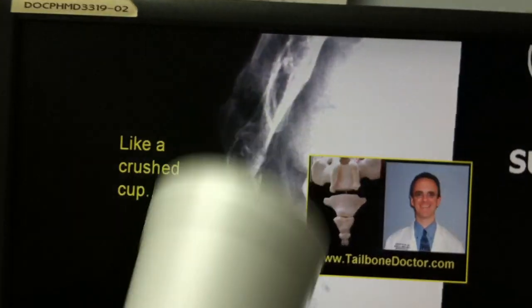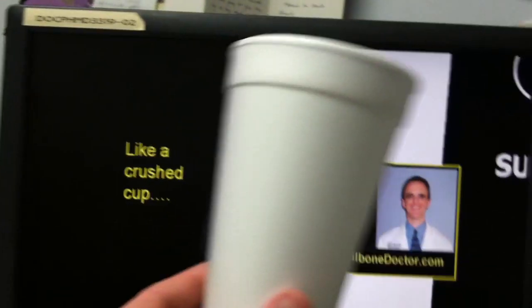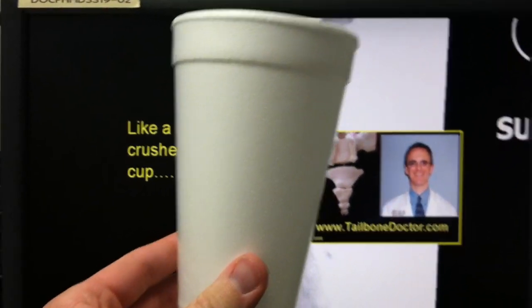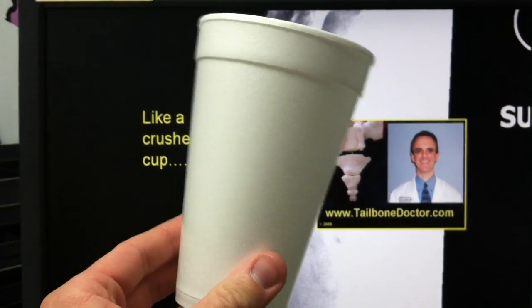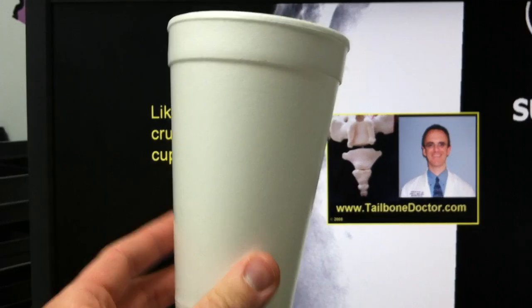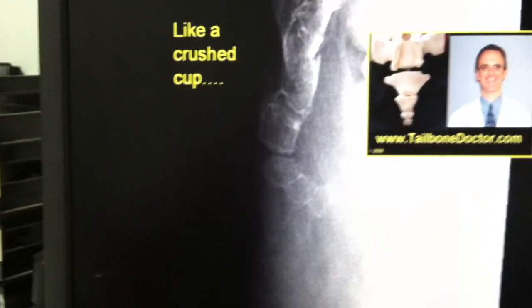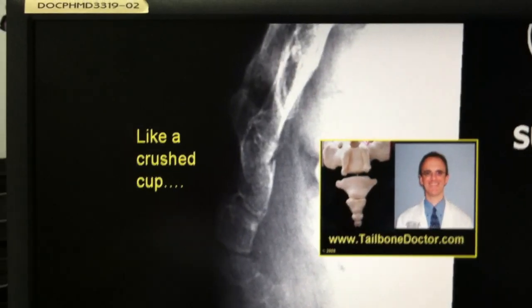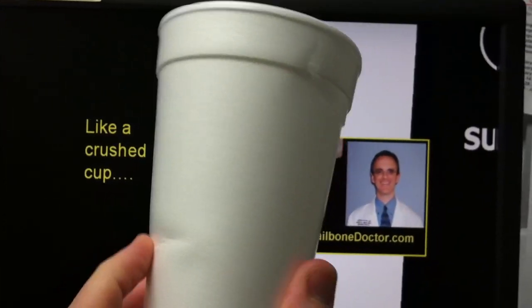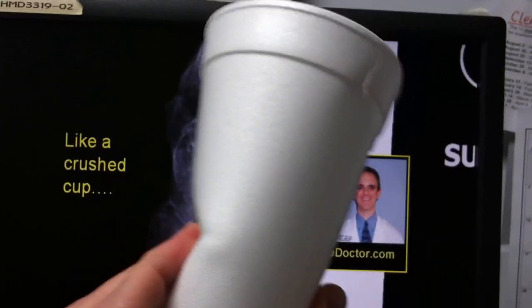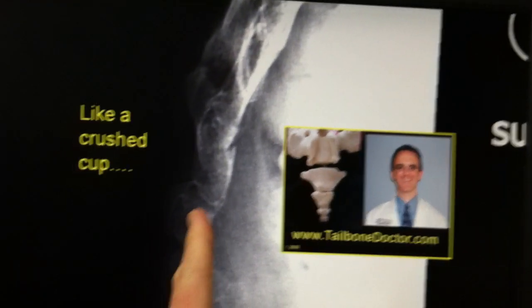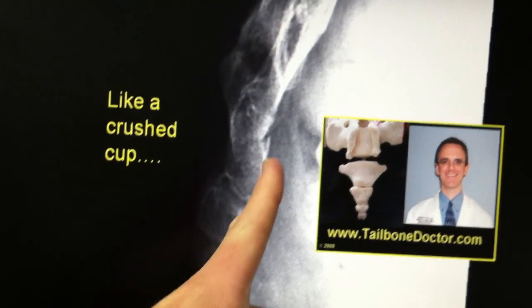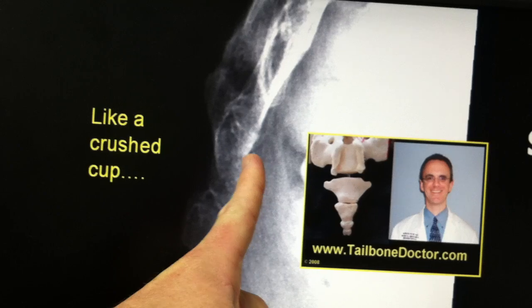So basically, if you had a cup, and that was supposed to be that first coccygeal bone, imagine that the cup got crushed and indented, so that this segment got indented in, giving you this portion here, and another segment got indented in, giving you that portion there.